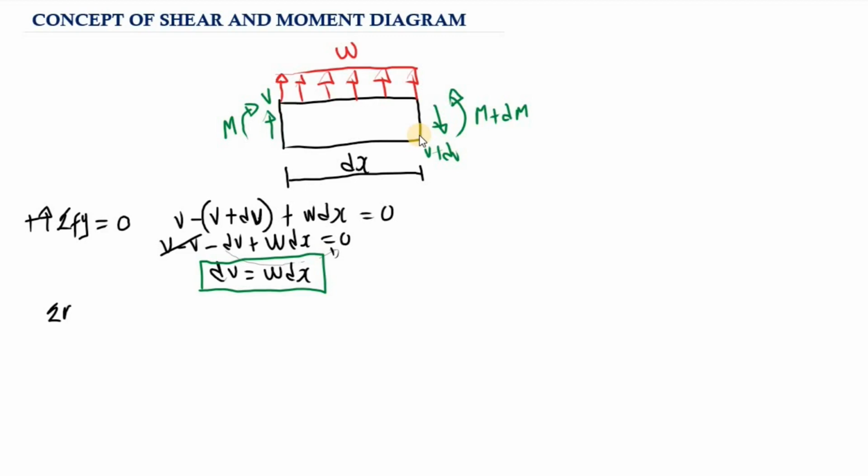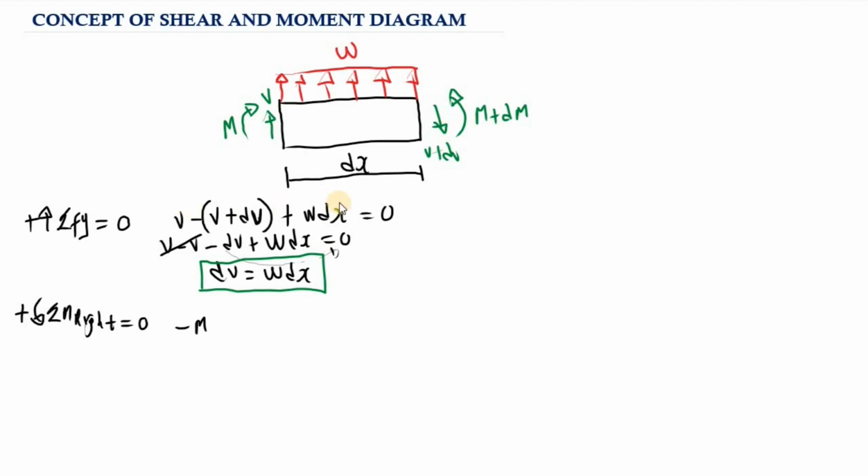We are going to say all the moments acting in the counterclockwise direction should be positive, while all the moments acting in the clockwise direction should be negative. So on the left side of this cut, we have M, and this is acting in the clockwise direction, so it is going to be negative. So this is negative M.